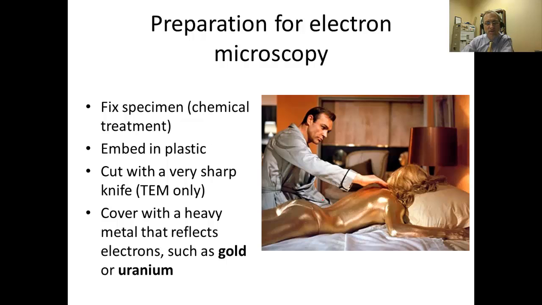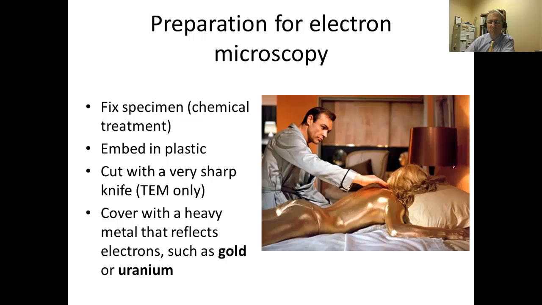In the case of transmission electron microscopy, where you want to see the inside, you have to cut those cells into very, very thin pieces with an extremely sharp knife. And then finally, because biological materials don't tend to stop electrons very well, you need to cover that specimen with heavy metals that are able to reflect electrons. The ones typically used in electron microscopy are heavy metals such as gold or uranium.